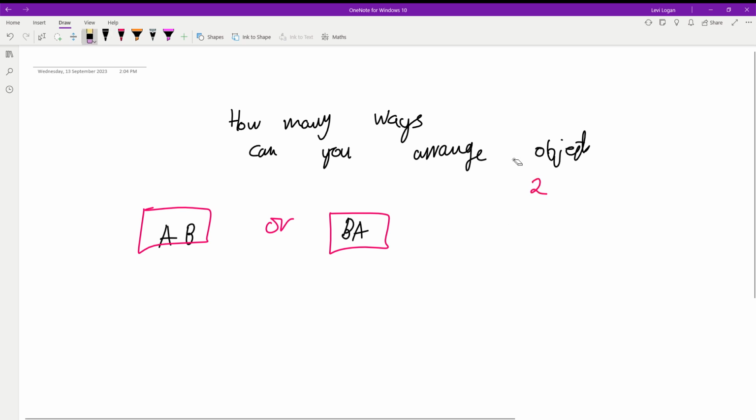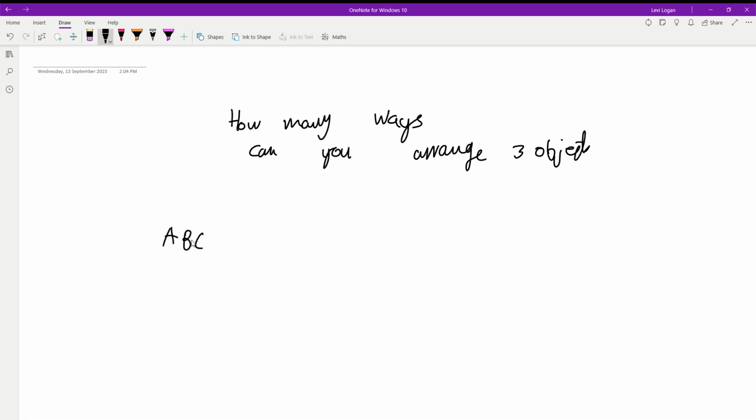If I said three objects, it gets a bit more tricky. So what we have here technically is A, B, C. Those are my three objects. That's one way I can arrange them.